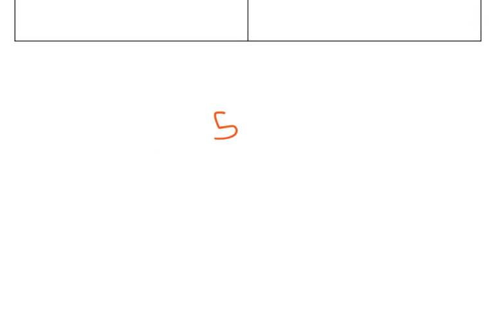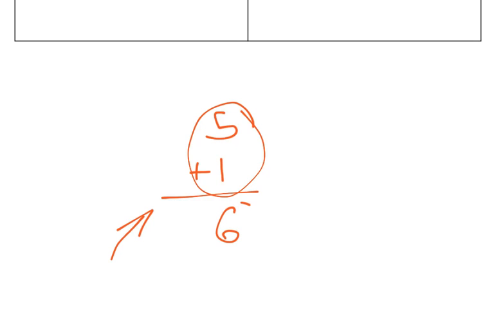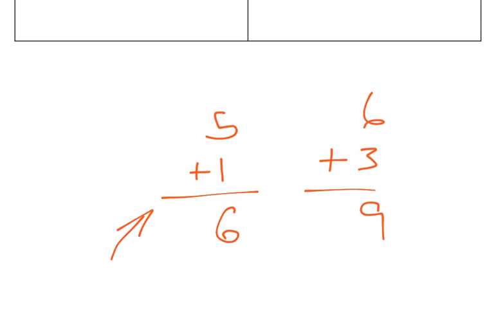And when you were young and first learned how to do addition, you added 1 and you wrote a 6. But this line was drawn to step the starting problem away from the result. So you were like, okay, well, if I had 6 and I had to add 3, my line is there to help me know that my result is here.